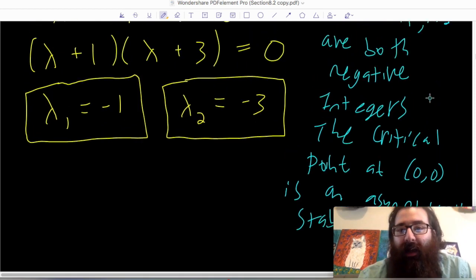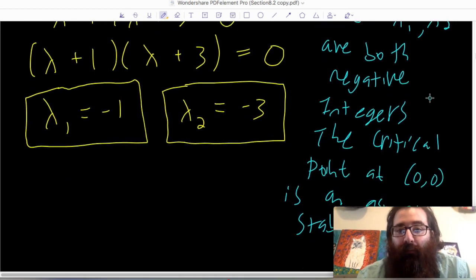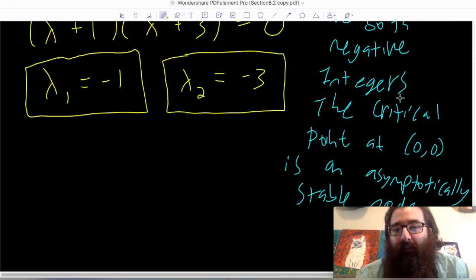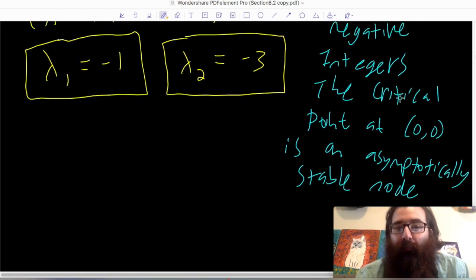Since our eigenvalues are distinct negative integers, the critical point at 0, 0 is an asymptotically stable node.